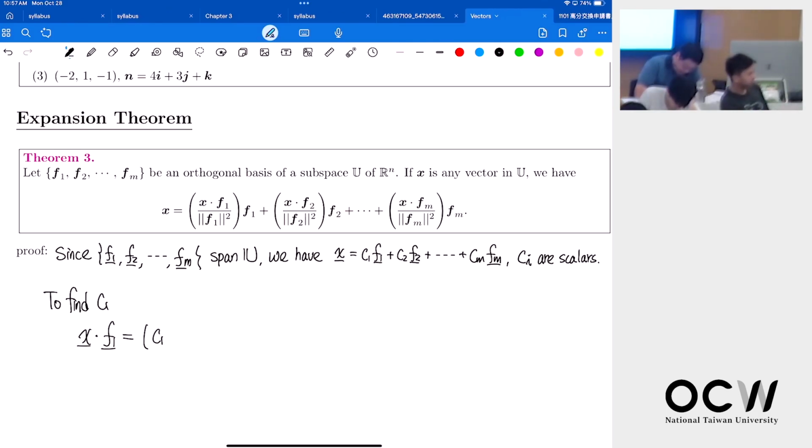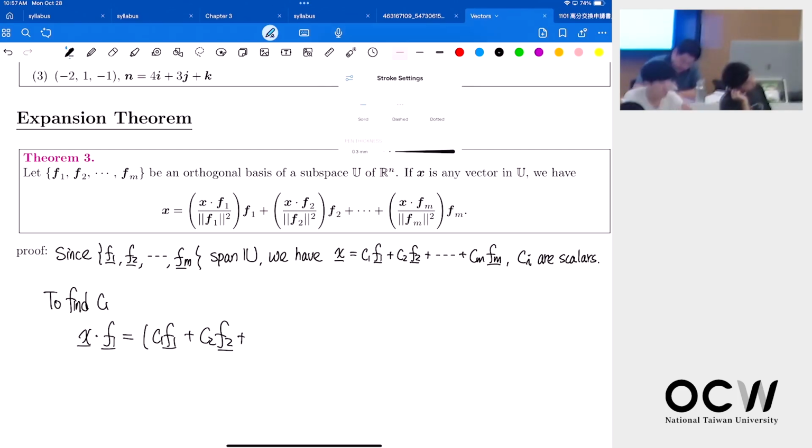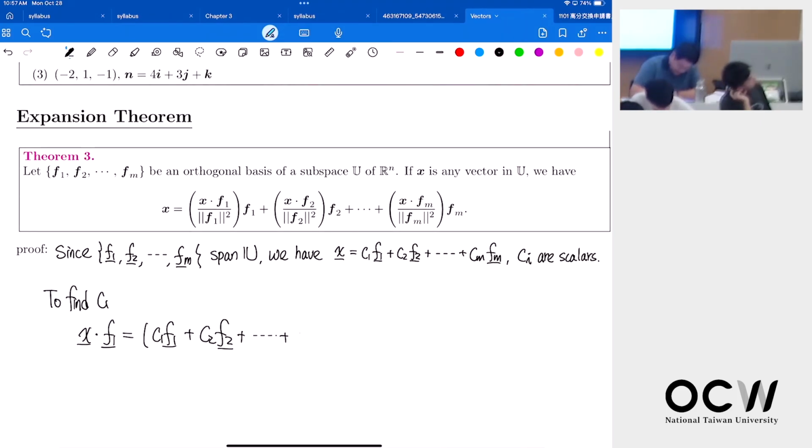C1 F1 plus C2 F2, the linear combination of the orthogonal bases, and then take the dot product with F1.